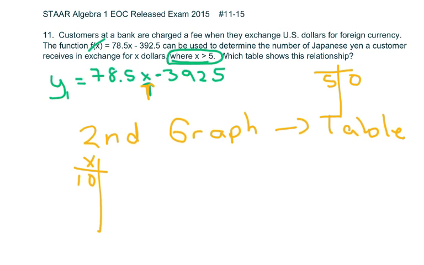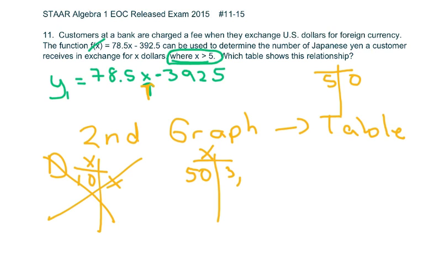And if you go to that one, you'll notice that that's not the right answer. So cross out D, and then next go to 50. And just work on the table like that. So if you go to the table and look at 50, the number you come up with is $3,532.50. And that is on there, so the answer is C. Alright, so that one is simple as that.